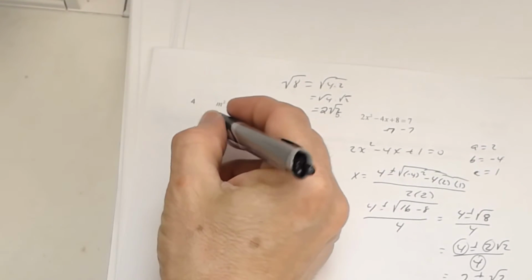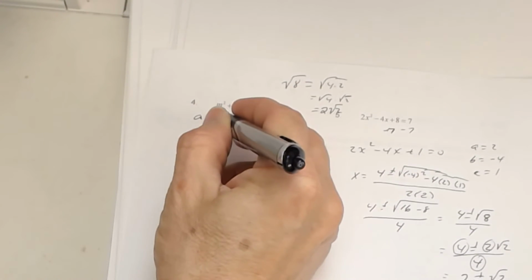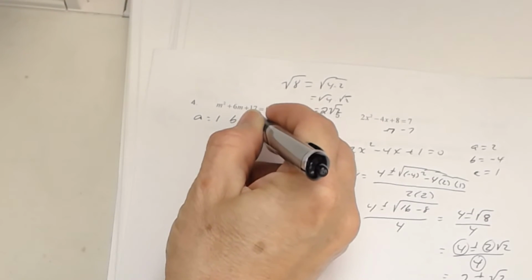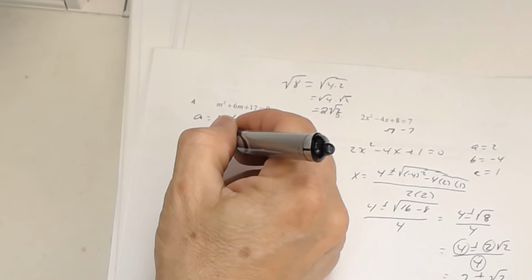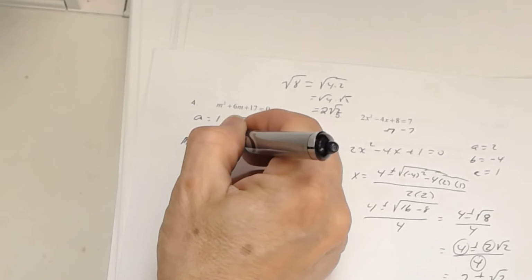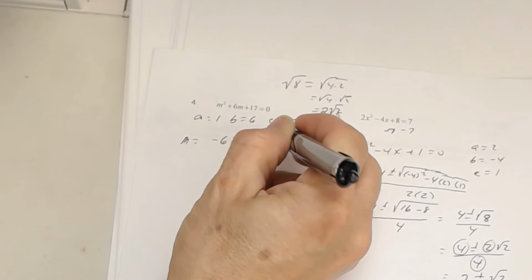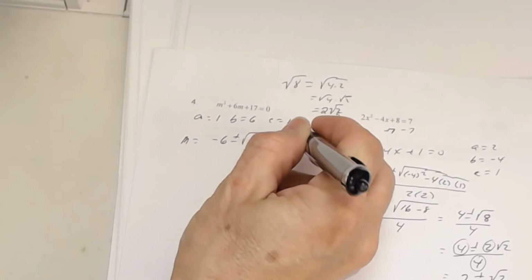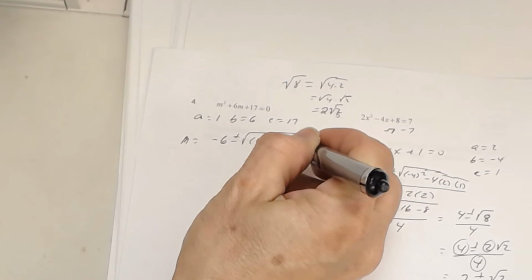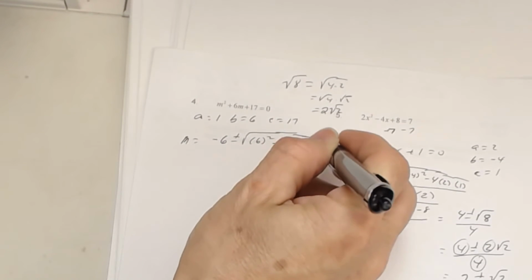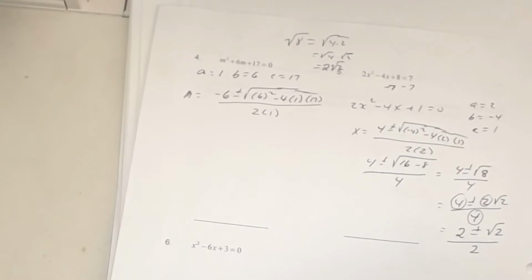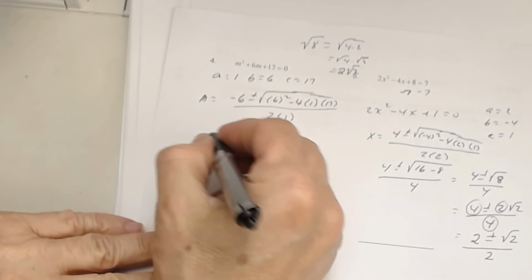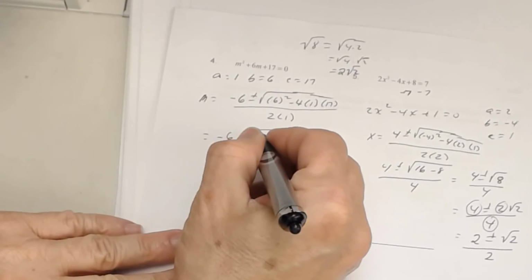Okay, number 4, real quick. What's A? What's B? And what's C? All right, so M equals opposite of B plus or minus the square root of 6 squared minus 4 times A times C all over 2 times A. So that's negative 6 plus or minus the square root of 36.